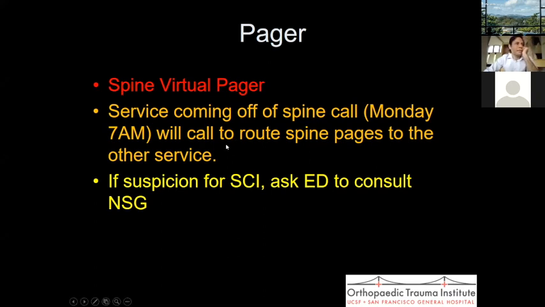That way, if we're still getting spine pages when we're not on call, it's on us to have those routed to neurosurgery. And when we get called, if there's suspicion for a spinal cord injury, we just need to ask the ED to consult neurosurgery. They won't be doing it automatically, and that's something you guys can talk to me about too.